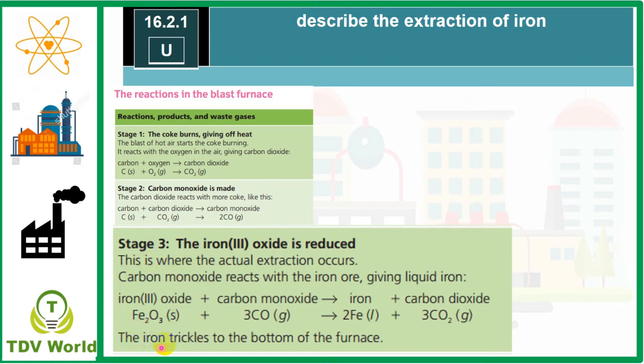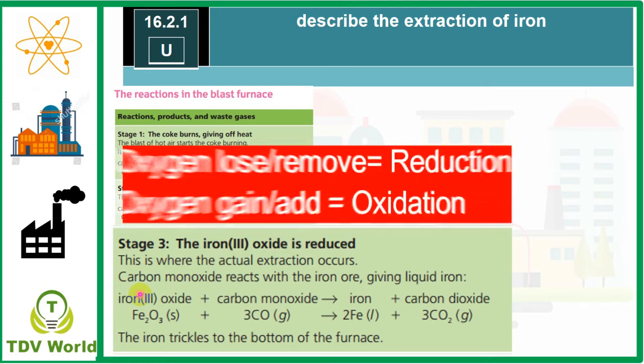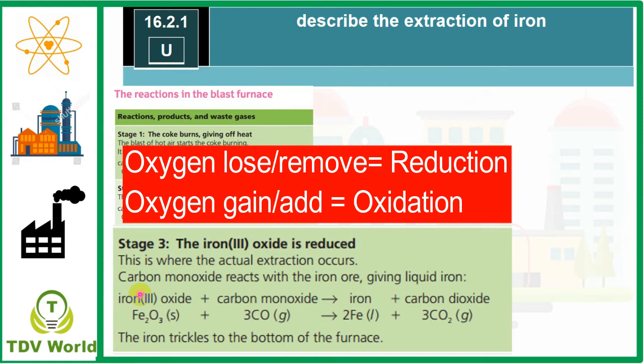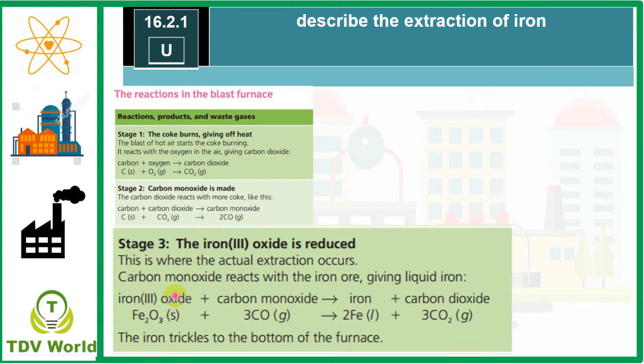So iron oxide is going to be reduced, so here oxygen should be removed. Reduction is simply the removal of oxygen. If Fe2O3 loses oxygen, then it is reduced.